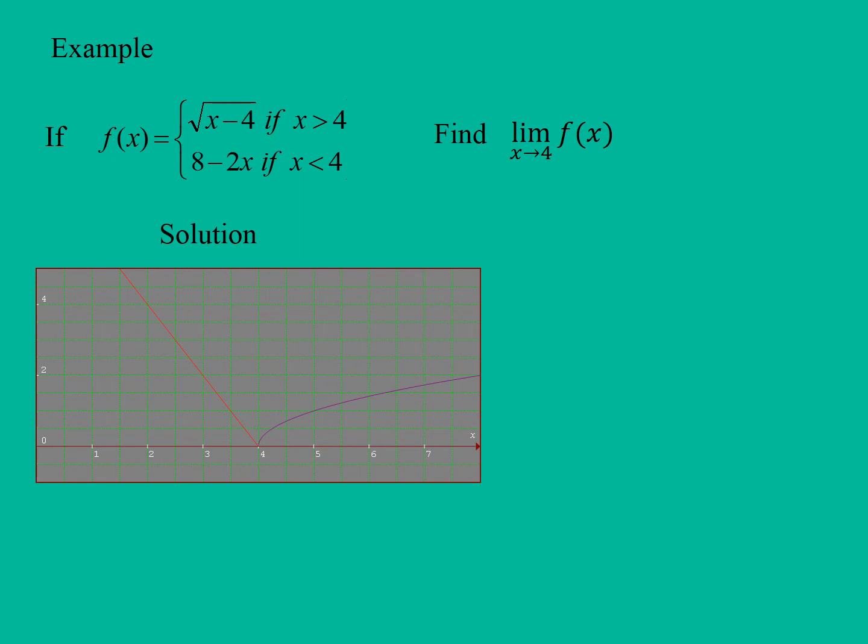So if we're trying to find the limit of this function as x approaches 4, we still can use the one-sided limits to evaluate this, but it is not defined right here at 4.